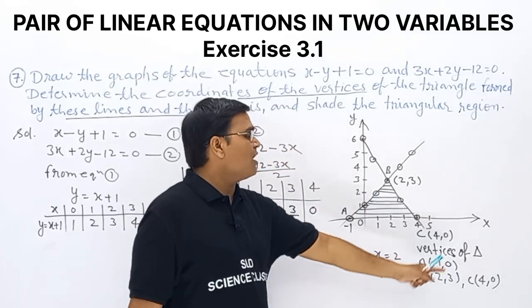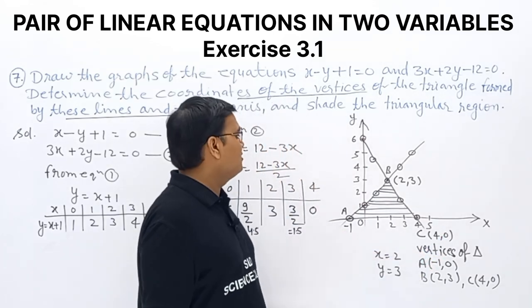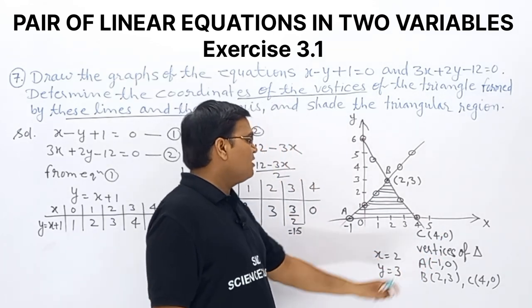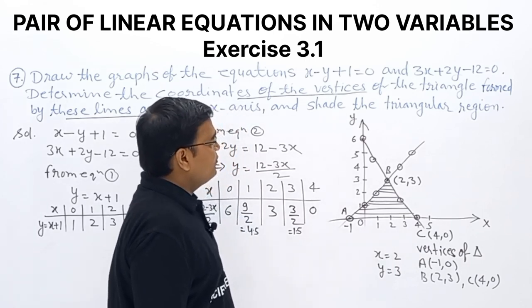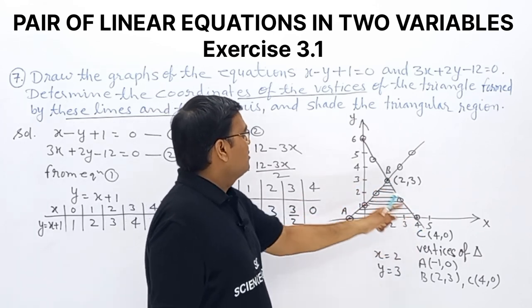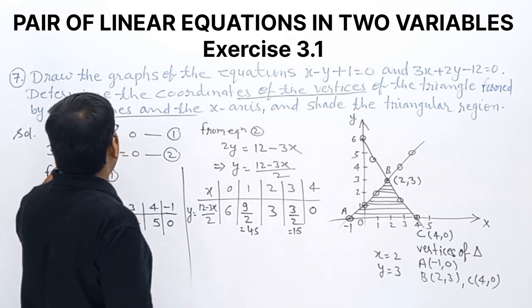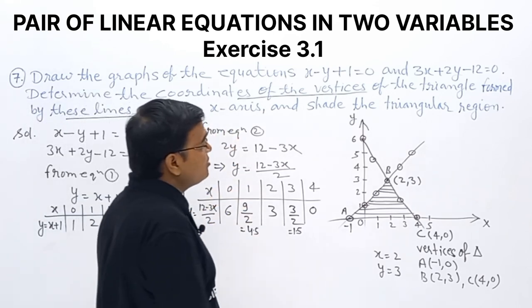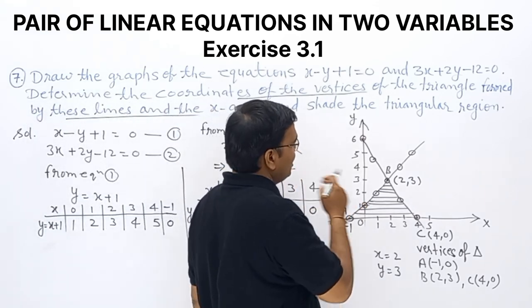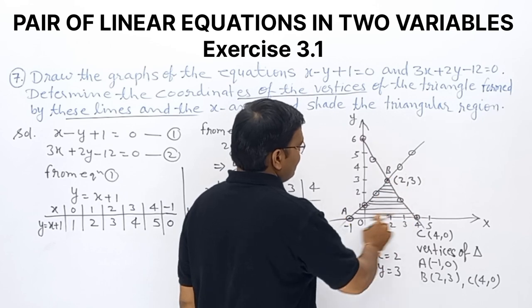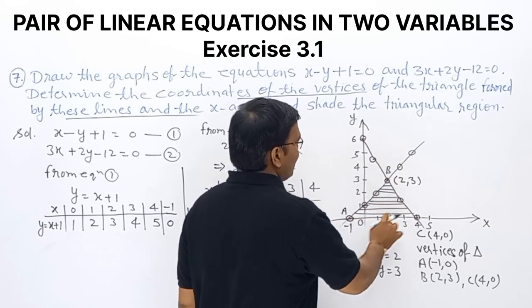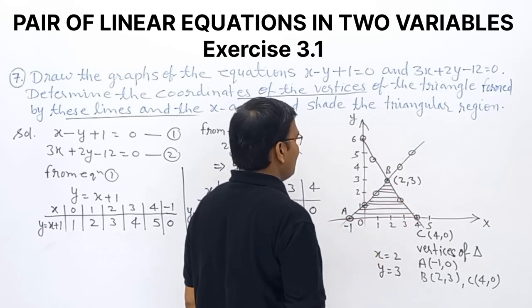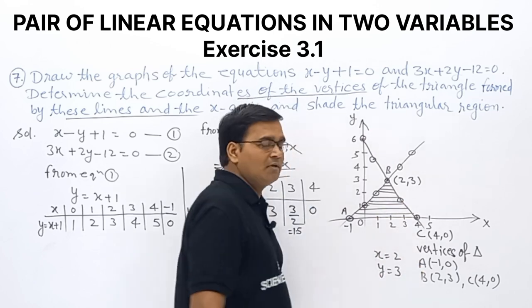These are the vertices we wanted to find. These lines and the x-axis make one triangle, and its vertices are A, B, C, and we obtained them.